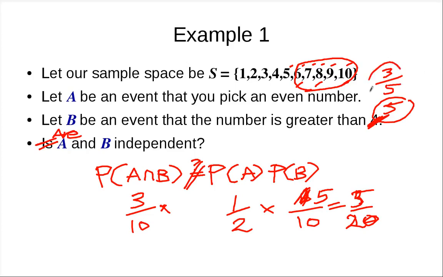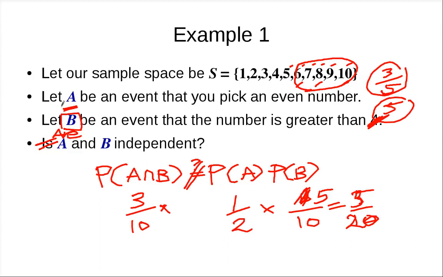So it's getting higher than 1/2. So knowing that B occurs somehow changes your belief, or changes the probability that A occurs. So they have to be related somehow. That's why we call them dependent.